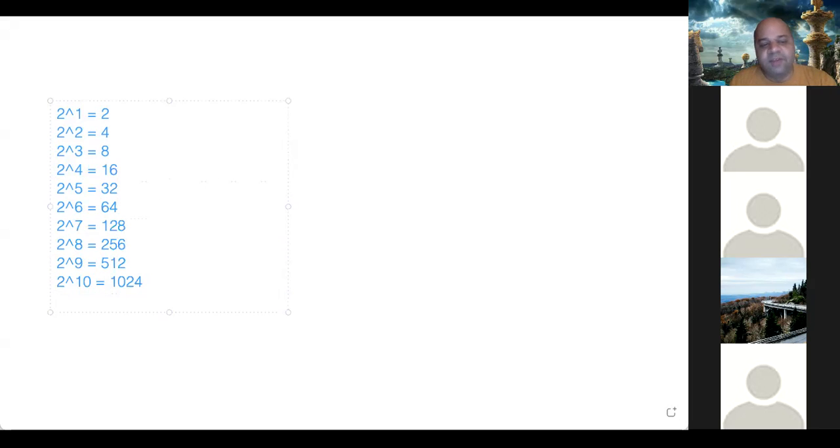All of us know this, right? This is the power series. And that same thing, 2 raised to 5, you can also express as 2 multiplied by 2 multiplied by 2 multiplied by 2 multiplied by 2. This is how they teach you the powers, right? 2 raised to 5 means you multiply 2 by itself 5 times.